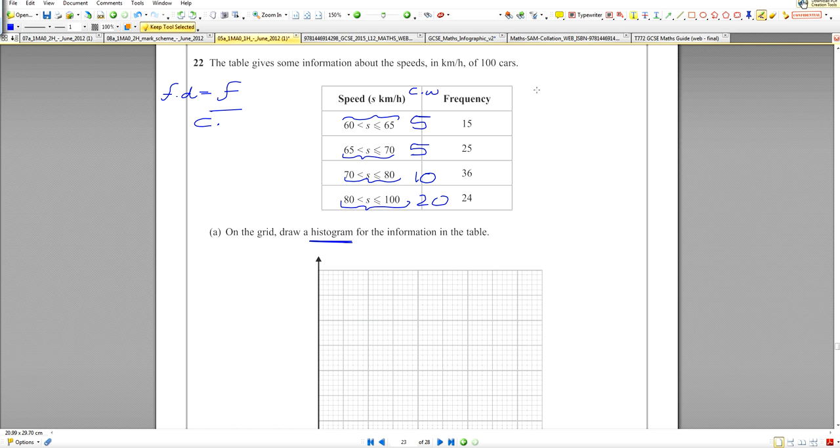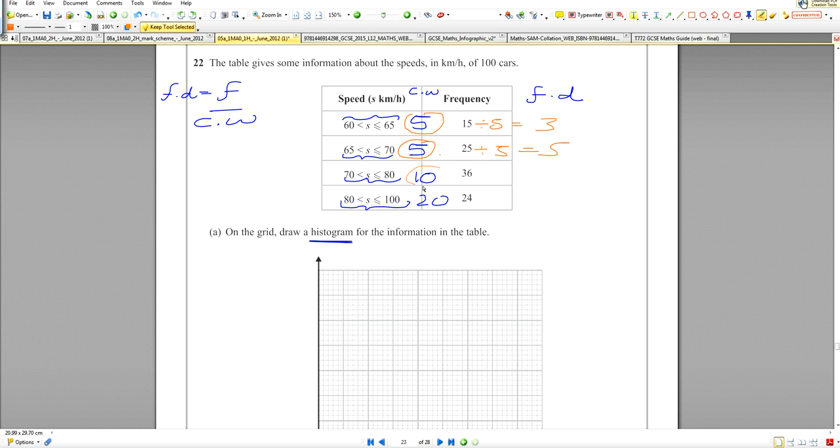So if I put down here frequency density, frequency density is equal to the frequency divided by the class width. So this number divided by that number. I'm just going to change color now, not me personally, but the color of my pen. 15 divided by 5 is equal to 3. 25 divided by 5 is?